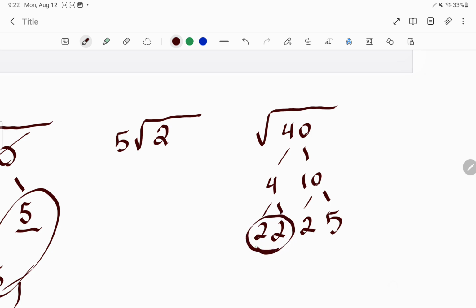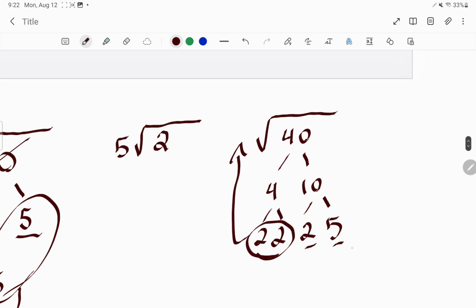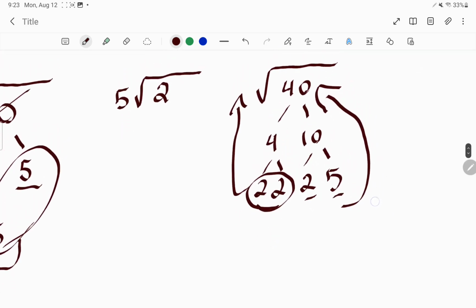I have a group of 2 right here, so that goes on the front, and I have those 2 loners, so those go inside of my radical. We can only take out one of the group, so it's 2 on the outside. On the inside, because we have 2 numbers, what did we see before? We multiply, so on the inside it's just going to be 10. And that's how you go about simplifying radicals.